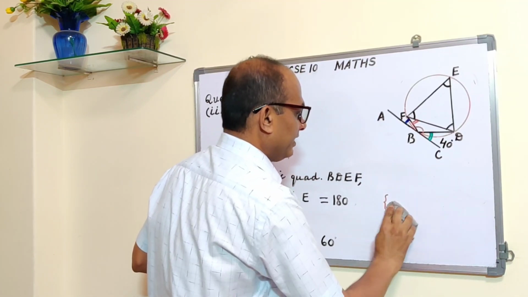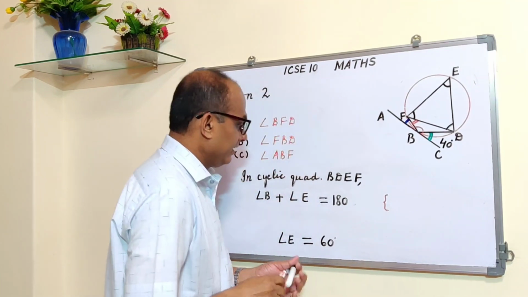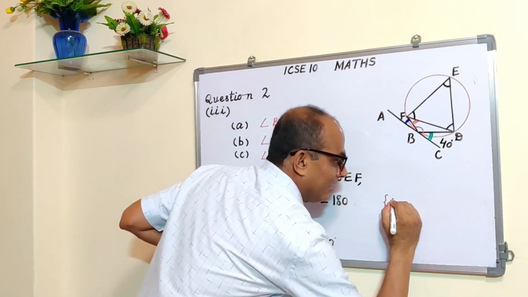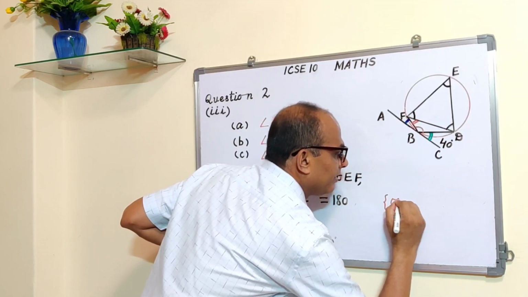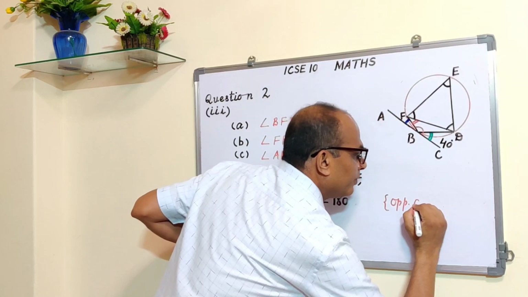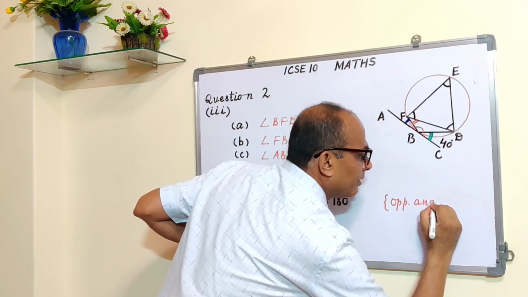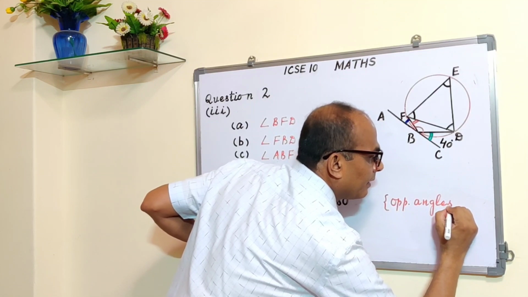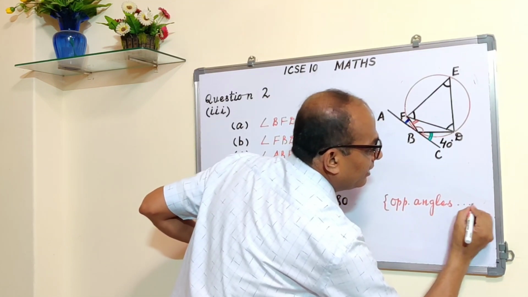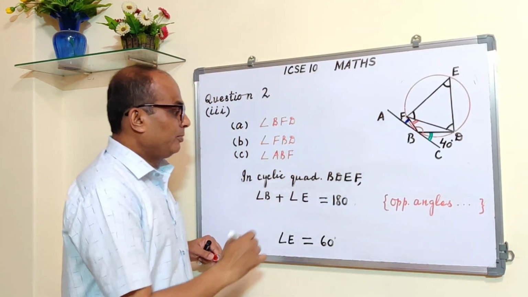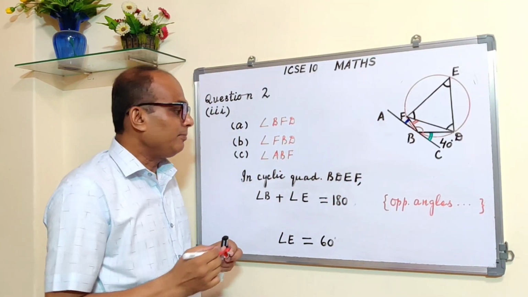So please give the reason: opposite angles in a cyclic quadrilateral are supplementary.